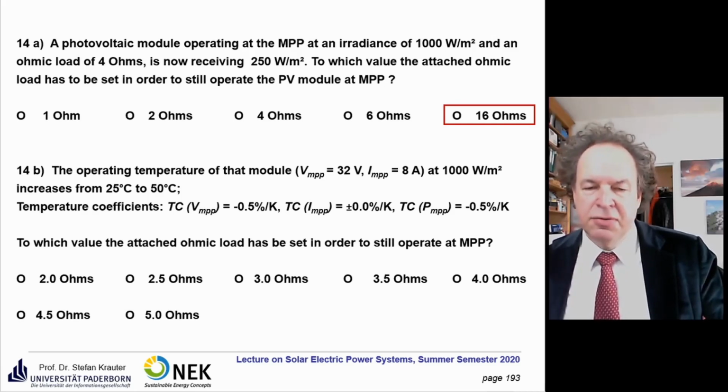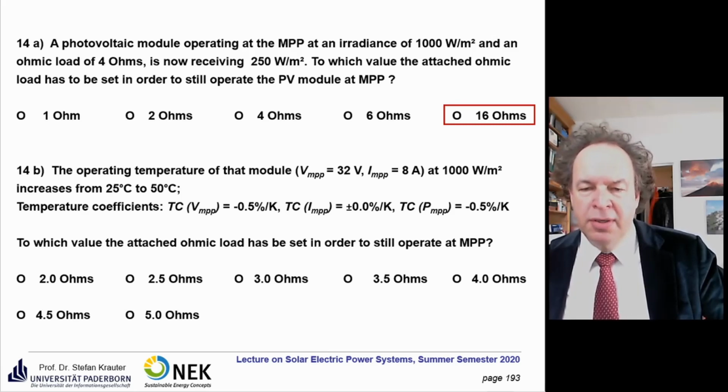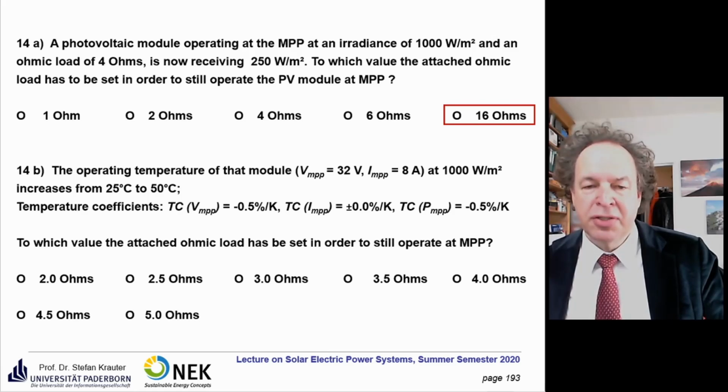The next question is not so much related to the irradiance level, but to the temperature increase. We have the same module, with more details: 32 volts in the maximum power point and 8 amps in the maximum power point. Due to the high irradiance, the temperature is increased from 25 to 50 degrees.